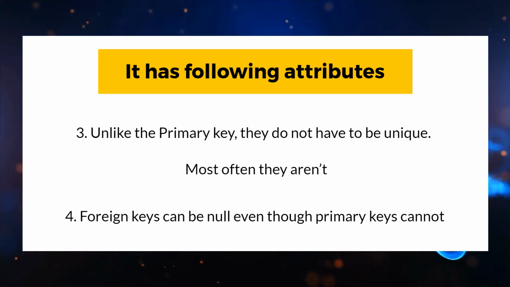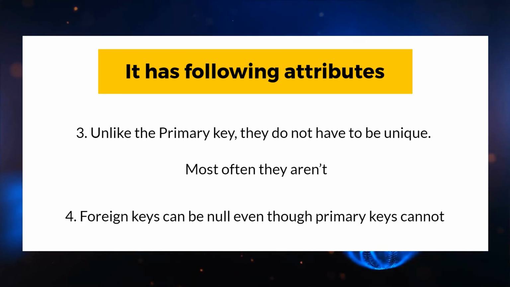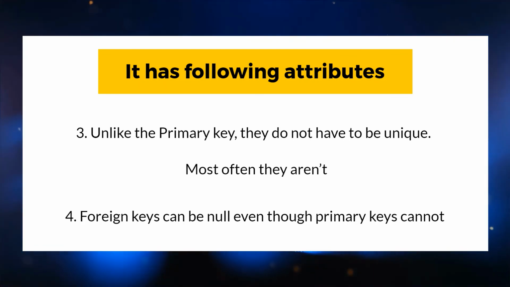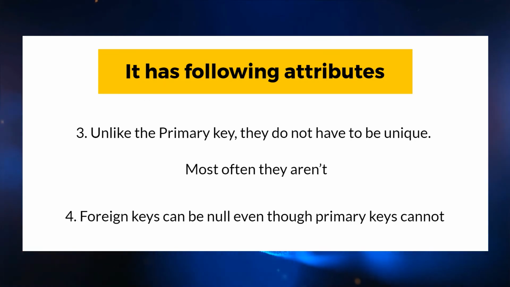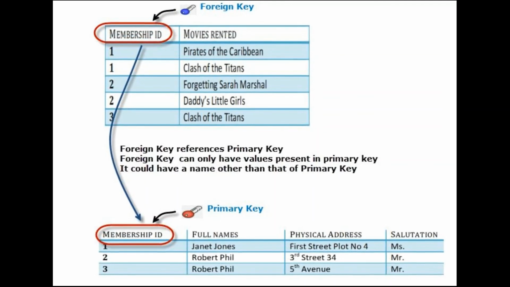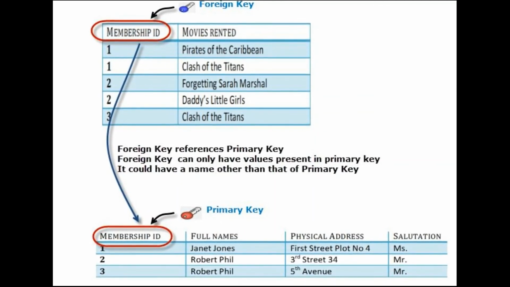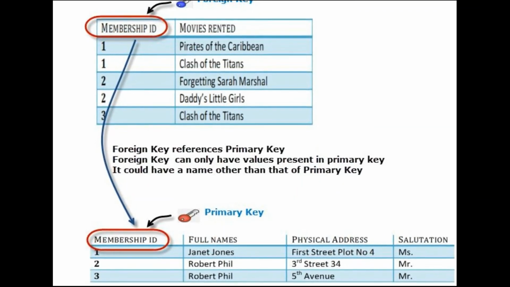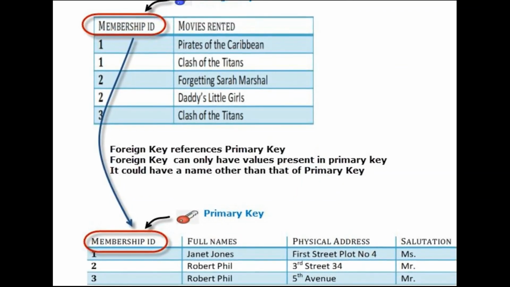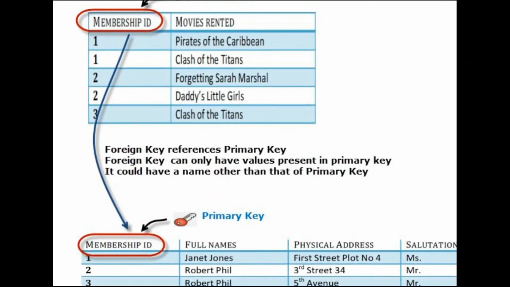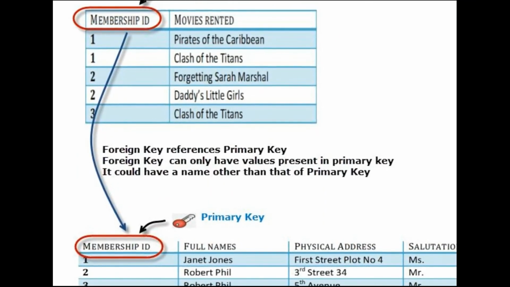And number 4, foreign keys can be null even though primary keys cannot. In this picture, you can see membership ID as the foreign key of the first table, and that is the primary key of the other table.